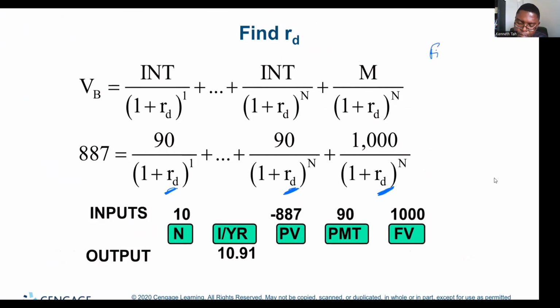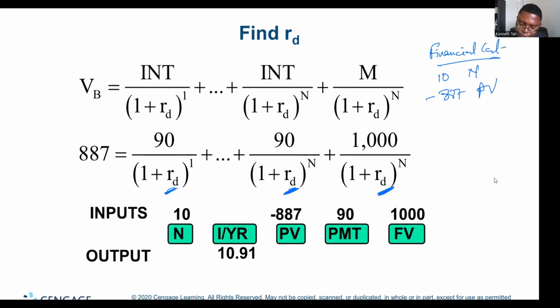So using the financial calculator, we are going to type 10, N for number of years. We can take negative 887. This is the present value at the moment.